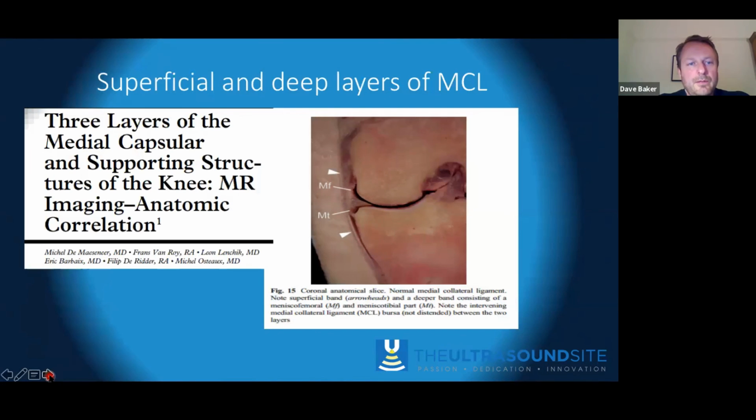So other ligaments that we will commonly assess on ultrasound, we see lots of medial collateral ligament injuries at the knee.